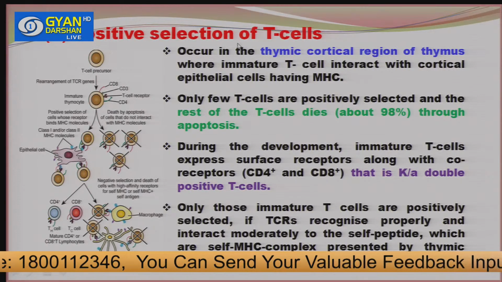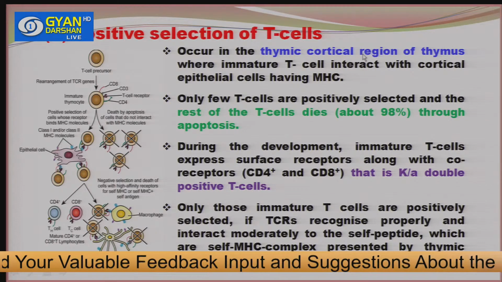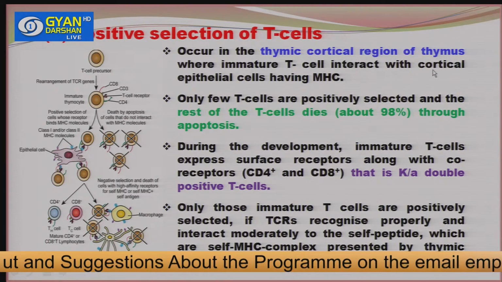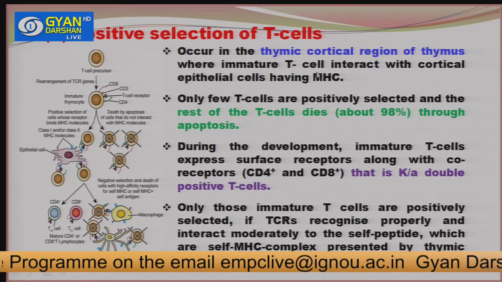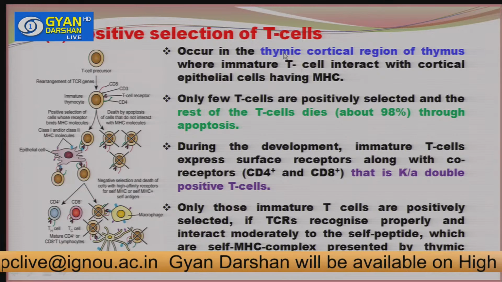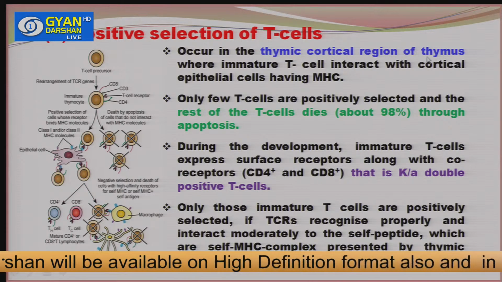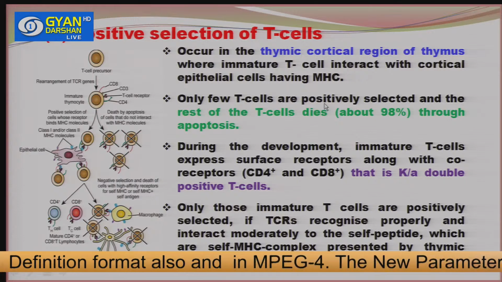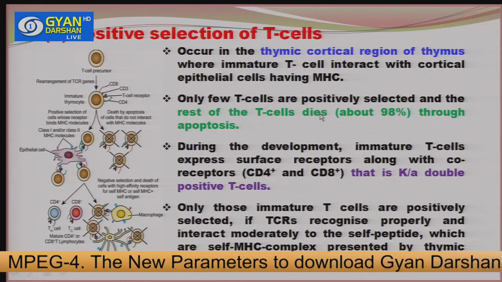So here is the positive selection of the T cells. It occurs in the cortical region of the thymus, where the T cell interacts with the cortical epithelial cell having MHC. Here the role of MHC is very important. Only a few T cells are positively selected, and the rest of the T cells die.